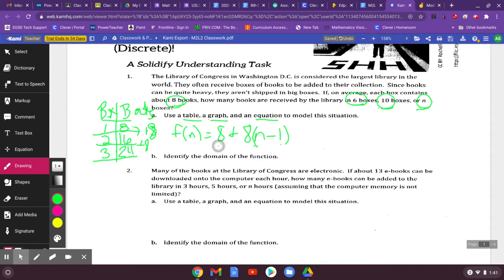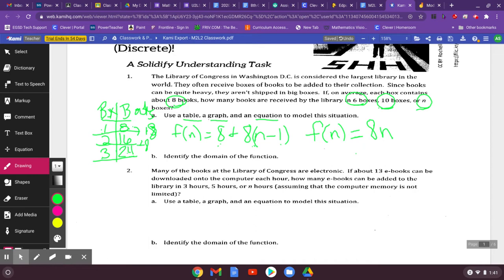Now, if you notice we have 2 8s in here, we can actually simplify this into just f of n equals, what am I doing with 1 to get 8? What am I doing with 2 to get 16? What am I doing with 3 to get 24? I'm just multiplying 8 by them. So either one of these equations would work for our function.